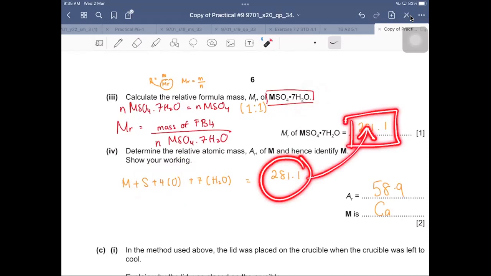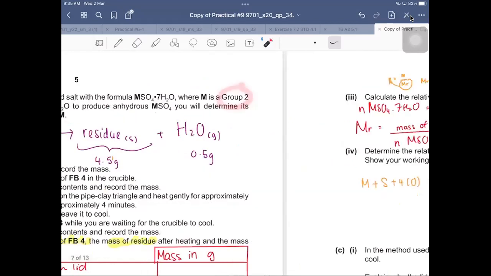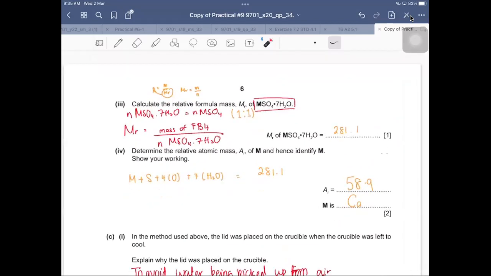And when you find the AR of M, you will choose a metal that is closest to the AR, but not just any metal. It has to be a group 2 metal. So read again the question. You don't just simply choose whatever the metal is, it has to be in group 2, according to the question. Everyone okay? Following?